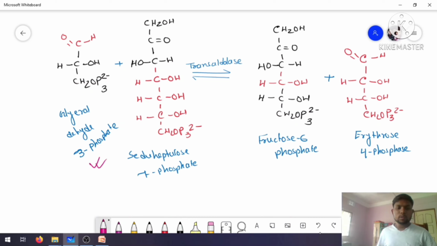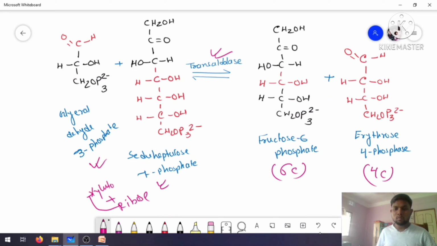So glyceraldehyde 3-phosphate and pseudoheptulase we got from xylulose plus ribose, right? By rearranging their carbons. So now glyceraldehyde 3-phosphate and pseudoheptulase 7-phosphate will rearrange their carbons with the help of the transaldolase enzyme and give rise to a 6 carbon compound and a 4 carbon compound.